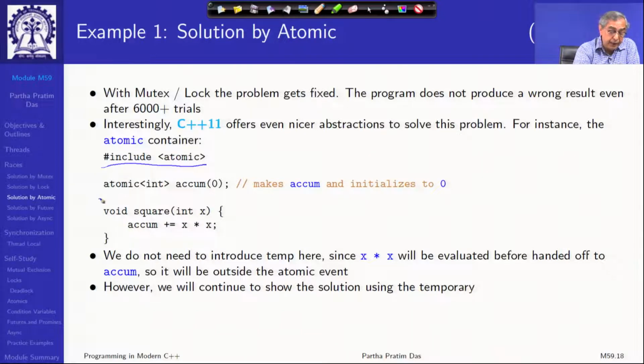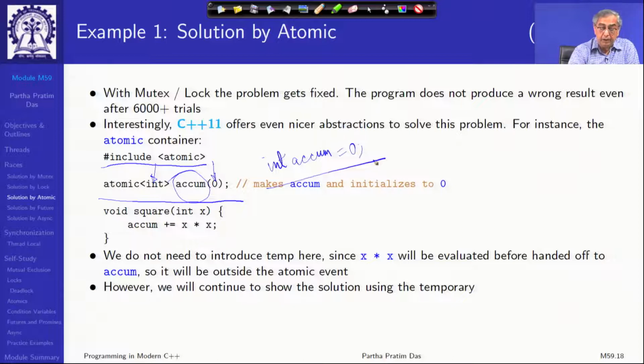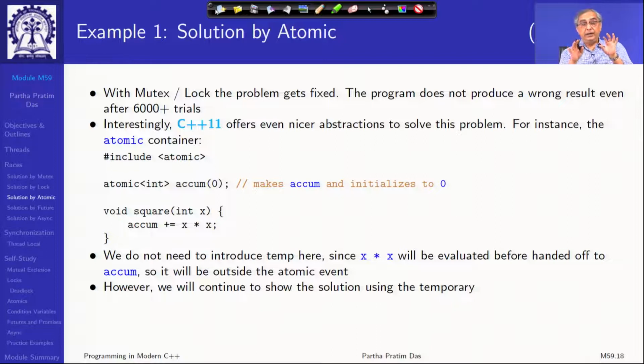This is a component, and accum is a variable of type int. So, you are making it an atomic int initialized with value 0, that is, instead of doing int accum, which makes it a simple global variable anybody can change any time, you make it an atomic int. The advantage is, after that you just do whatever you had been doing.